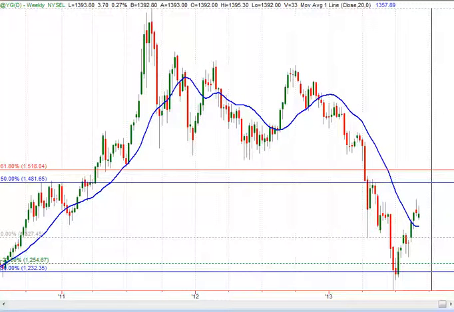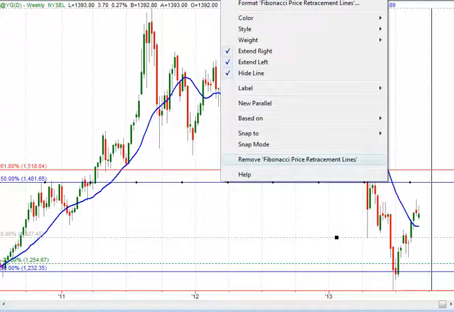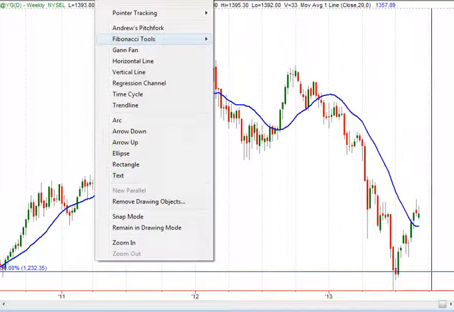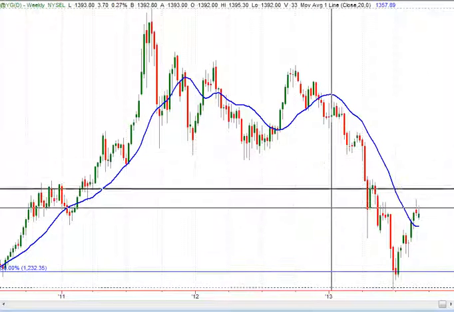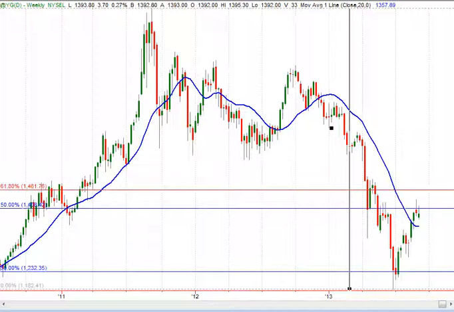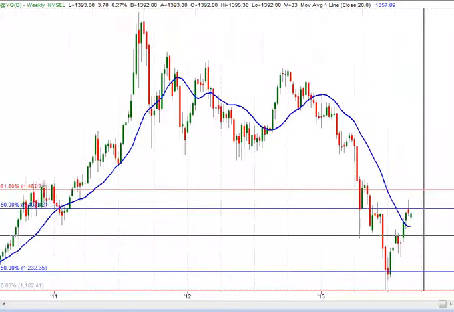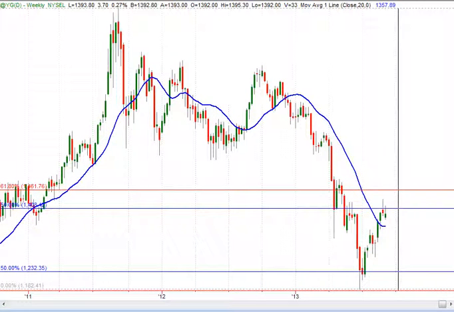We can actually use the same anchor to trace the current level of resistance you're seeing in gold. So at the moment gold is reacting to this 1408 level of resistance.